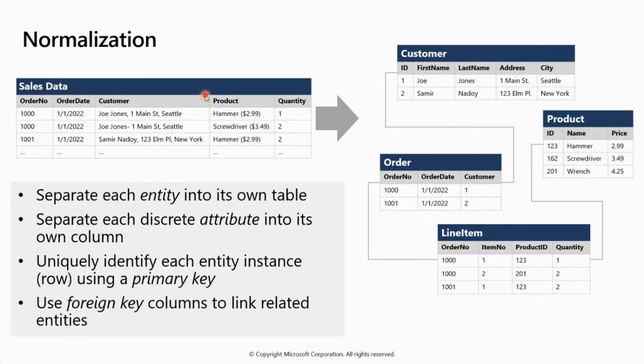So to normalize unstructured data in the relational database world, for each entity we create its own table, and separate each discrete attribute into its own column. Also, to make each row unique, we use what we call a primary key.